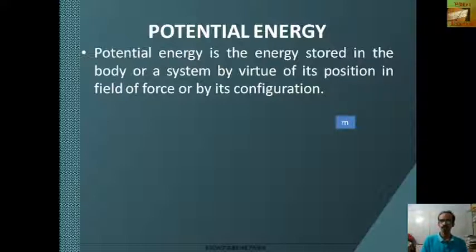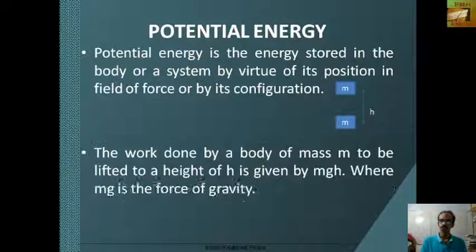Now we can see a body of mass m, which is raised to a height of h. Then the work done by a body of mass m to be lifted to a height of h is given by mgh. Here, mg is the force of gravity, that is gravitational force, and h is the total displacement.